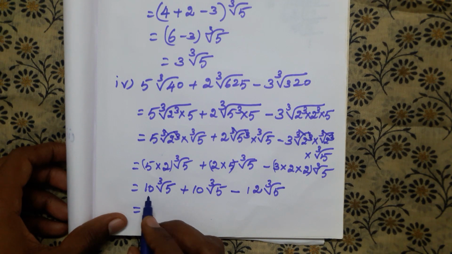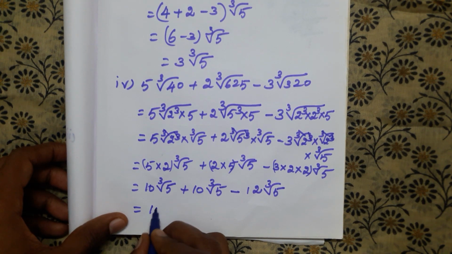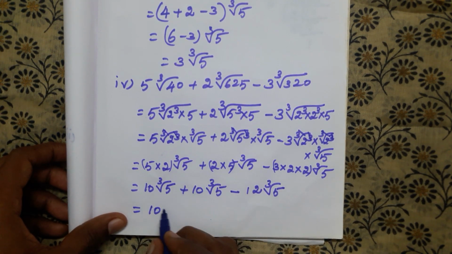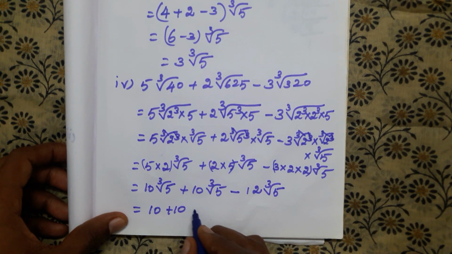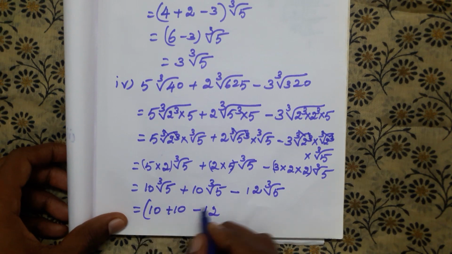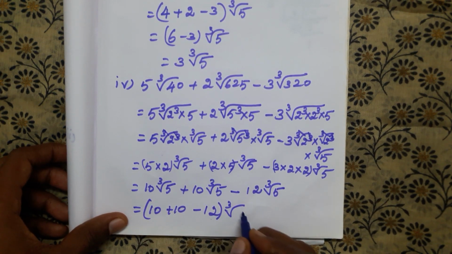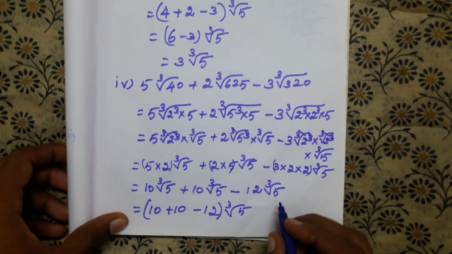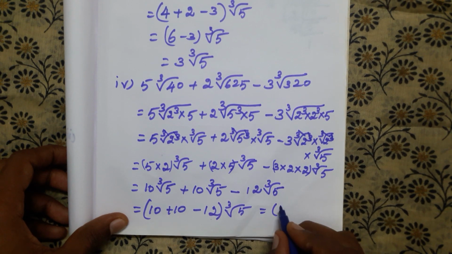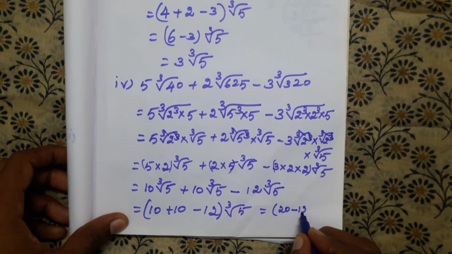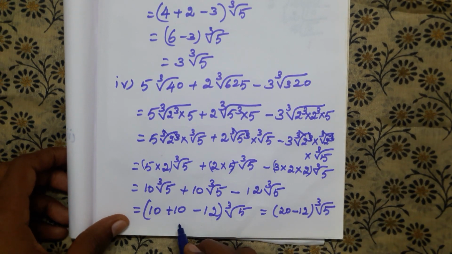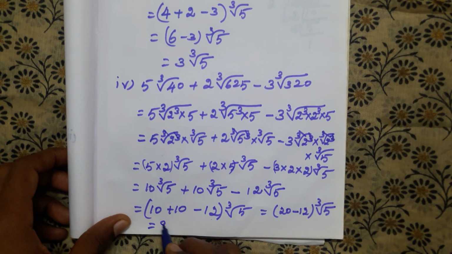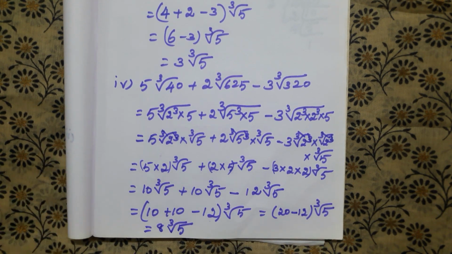Here coefficient is 10, here coefficient is 10, here coefficient is 12 minus 12 into cube root of 5. 10 plus 10 is 20. It's equal to 20 minus 12 cube root of 5. 20 minus 12 is 8, 8 cube root of 5.